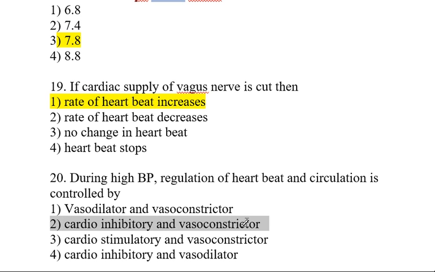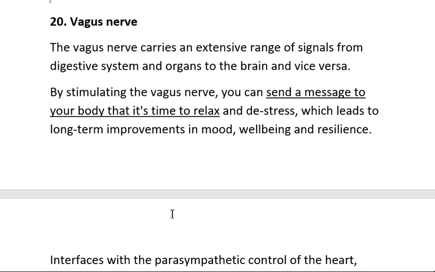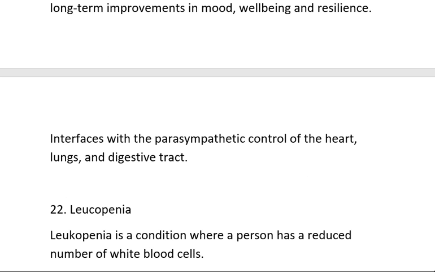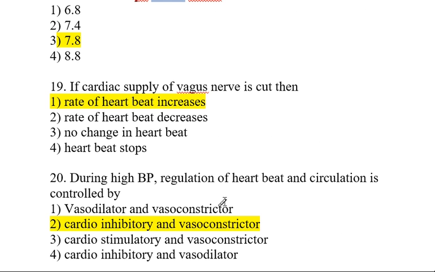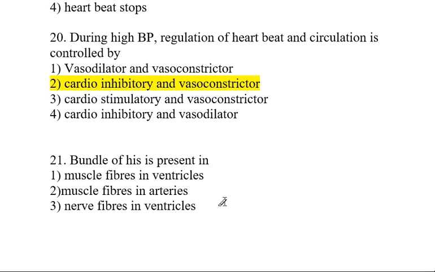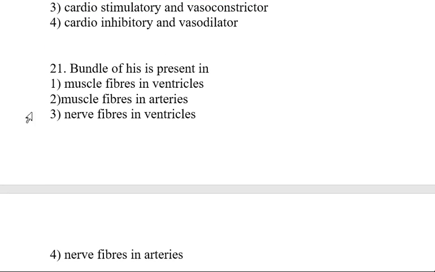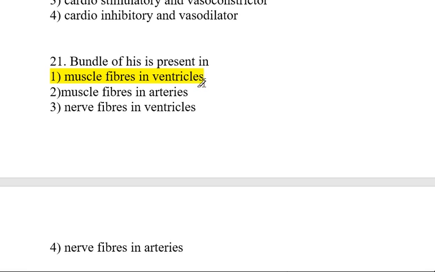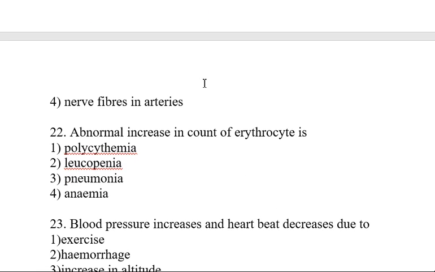So it's option 2. The bundle of His is present in the muscle fibers in the ventricles. Abnormal increase in count of erythrocytes is polycythemia.